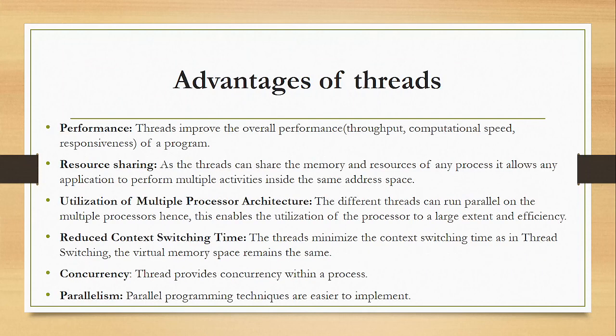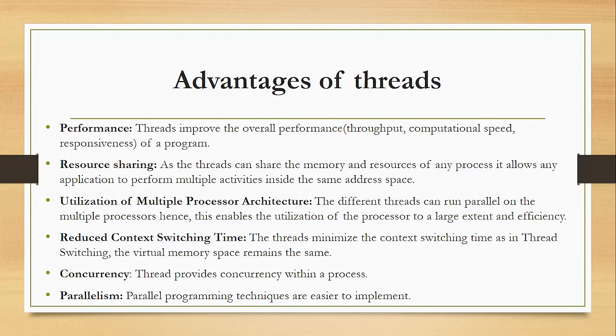Then we have the advantages of using these threads. I think we have already mentioned them. First, they improve the performance of a particular process, ensuring that you have the right computational speed and things are executed very fast. The ability of a process to have multiple threads will ensure that it executes tasks very fast.